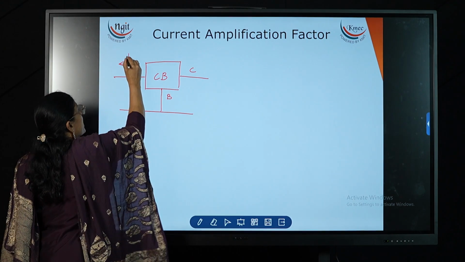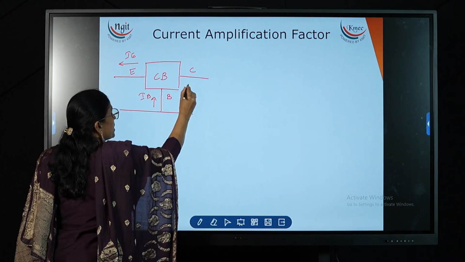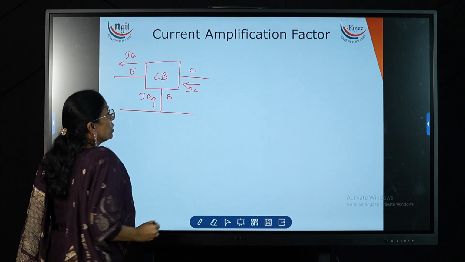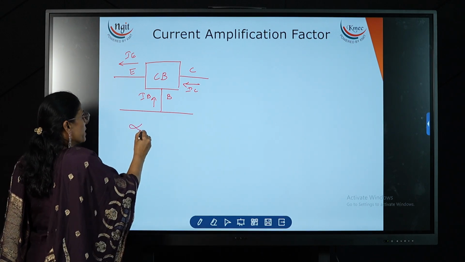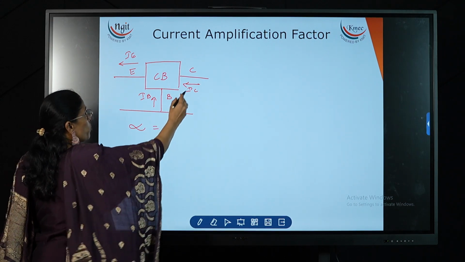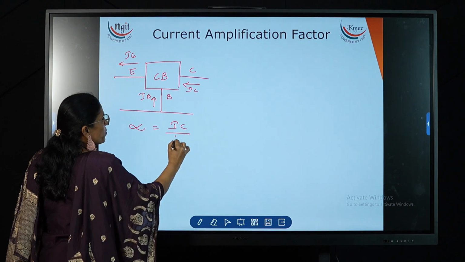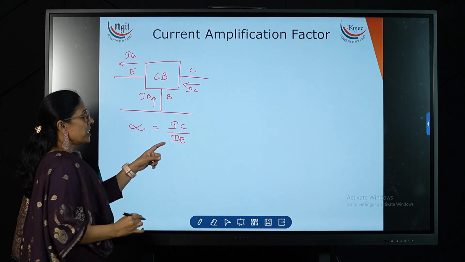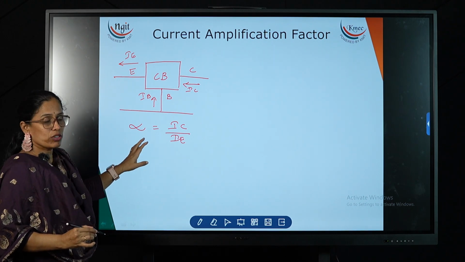IE is leaving, IB is entering, and IC is also entering. The current amplification factor is the output current divided by the input current, denoted by alpha. The output current is IC and the input current is IE. The ratio is the current amplification factor for the AC, and this is for the DC.